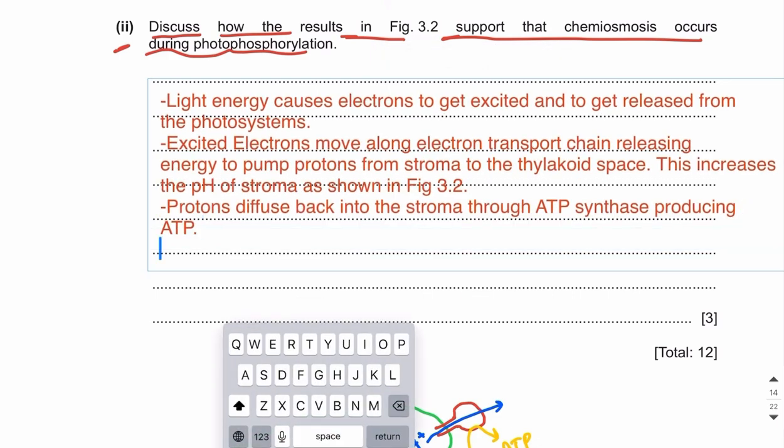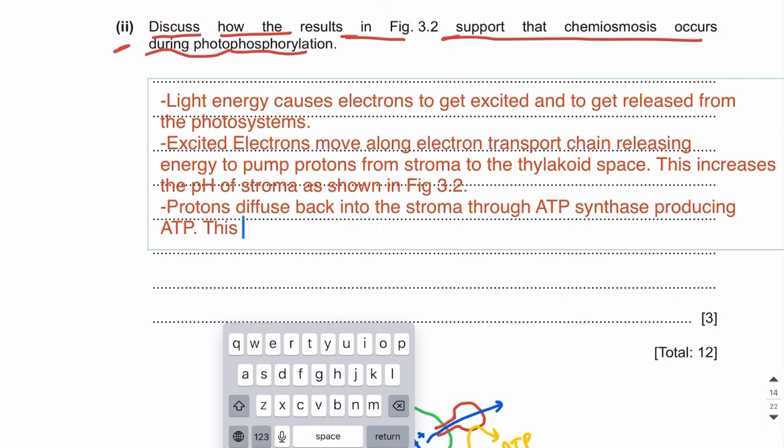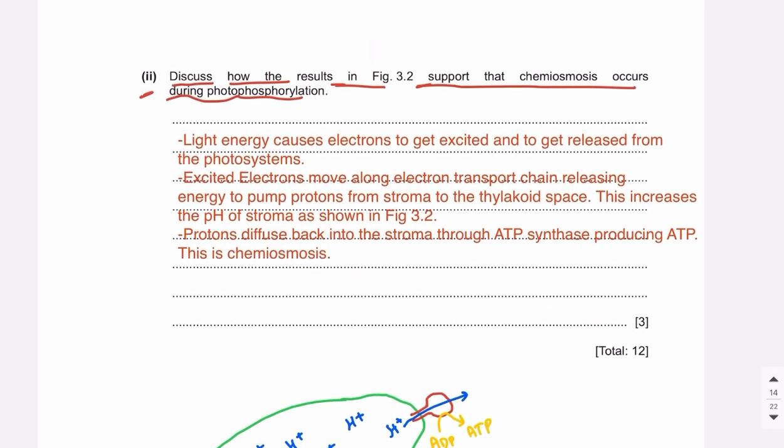This is what? Chemiosmosis. So chemiosmosis is suggested by the results in figure 3.2, right? This is chemiosmosis. So guys, we are done with this question.